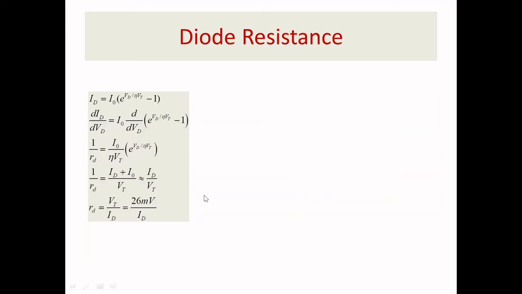Now step 3. I will draw the model that we have studied before: a base, you have a diode, and here you have a dependent current source.